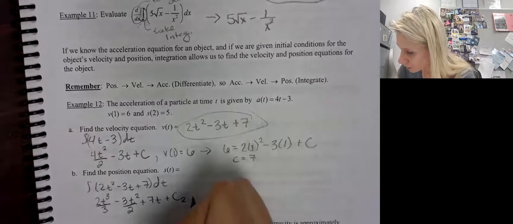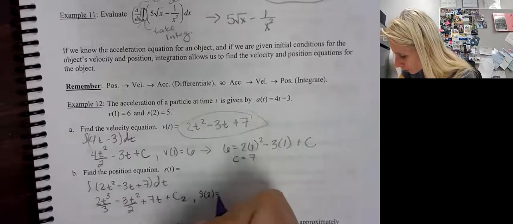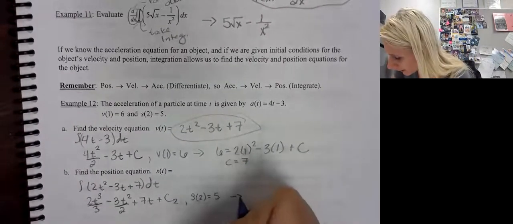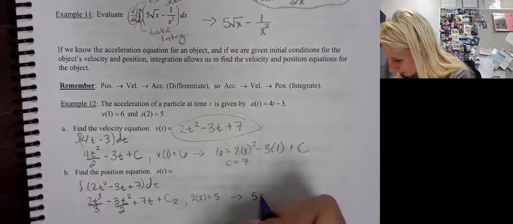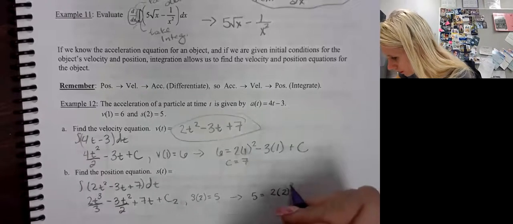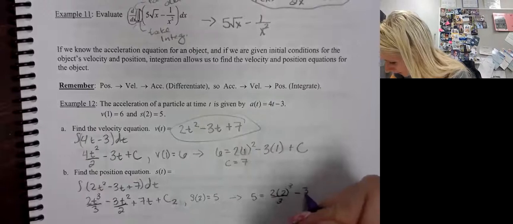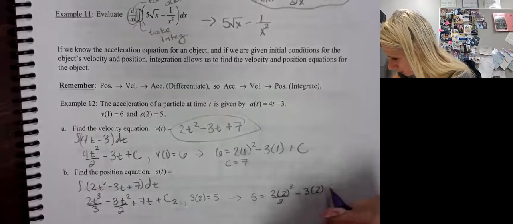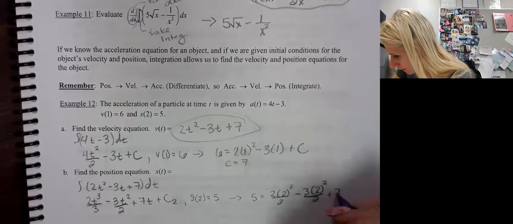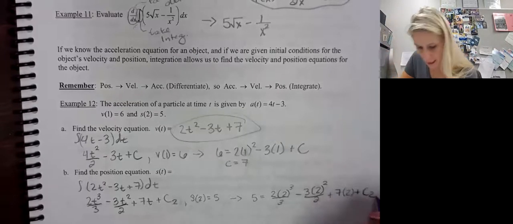All right, we're going to use that s of 2 equals 5. So I get 5 equals 2 times 2 cubed all over 3, minus 3 times 2 squared all over 2, plus 7 times 2, plus c sub 2.